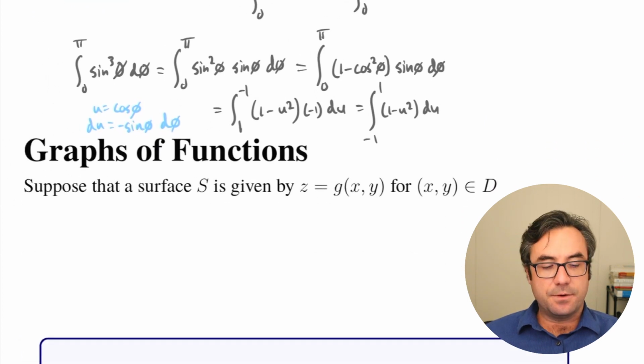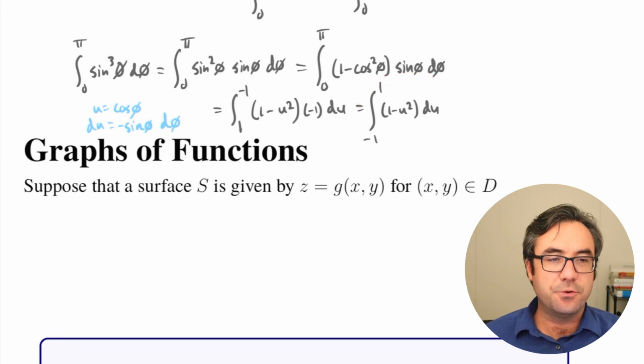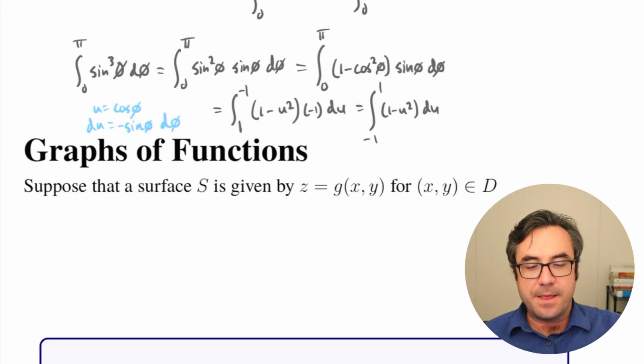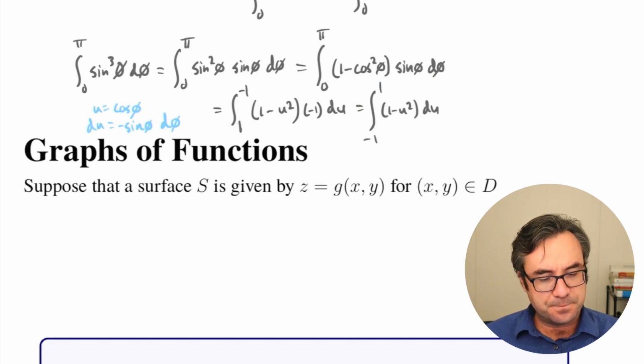And from here, this is just a nice, easy integral to do, way back in Calc 1. When we do that, what do we get? We end up with u minus 1/3 u cubed, evaluated from negative 1 to 1.